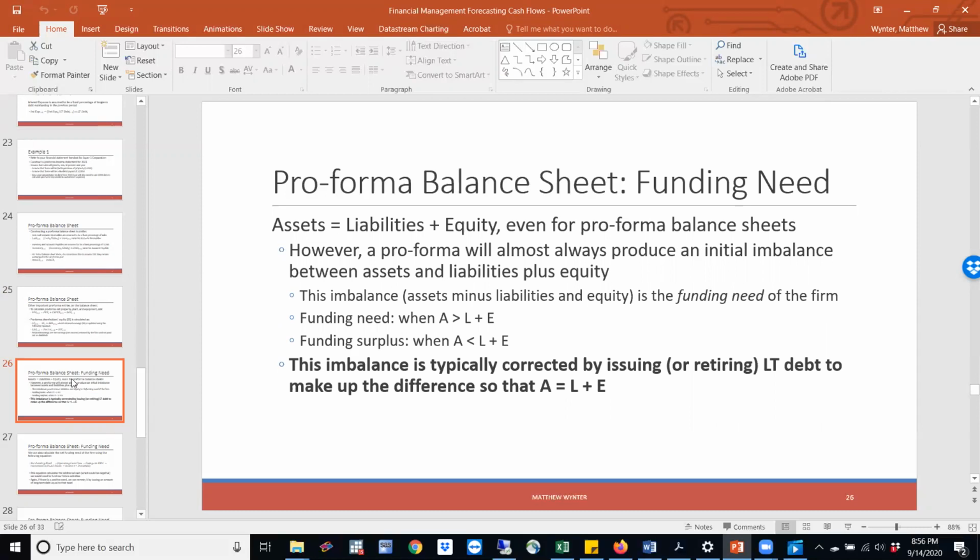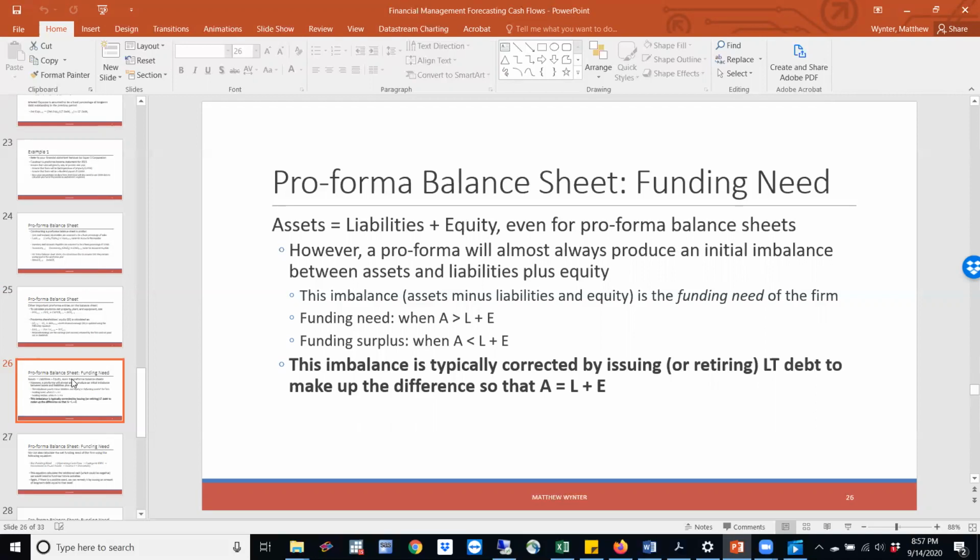Lastly, with our pro formas, we can always figure out whatever the firm's funding need is. So remember, our assets equal our liabilities plus our equity, even for our pro forma balance sheets. However, with the pro forma, we won't always produce an initial balance where assets equal liabilities plus equity. If we have an imbalance, meaning that our assets are not equal to our liabilities plus our equity, then we have a funding need.